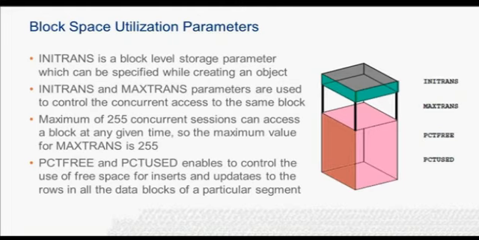MAXTRANS, which has a default value of 255, sets the limit for the number of concurrent transactions that can make changes to a data or an index block. When set, this value restricts use of space for transaction slots and therefore guarantees that there is sufficient space in the block for use by rows or index data.